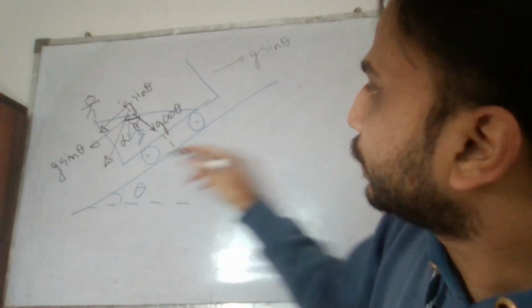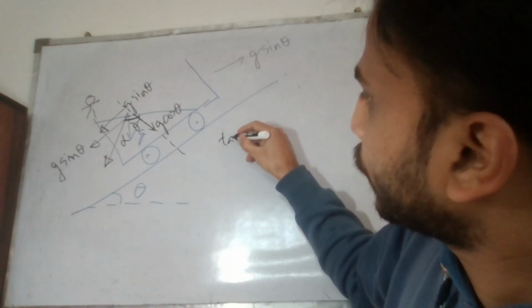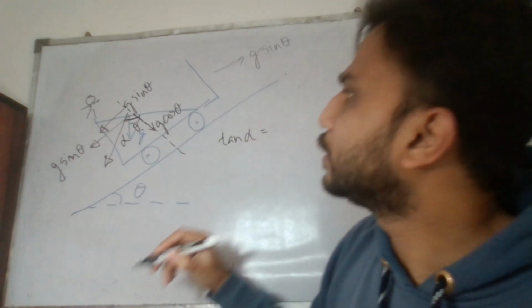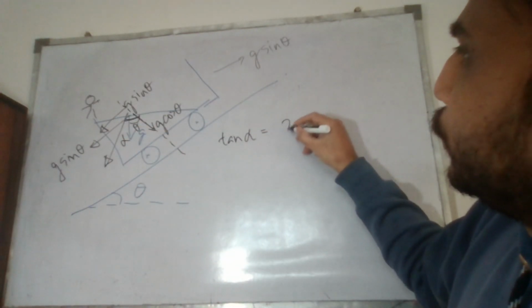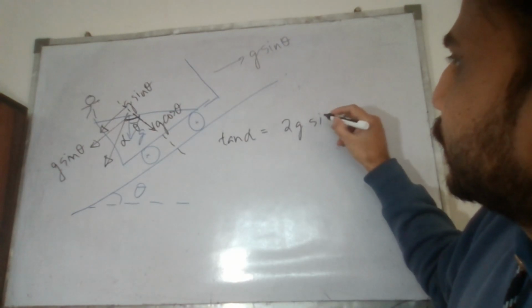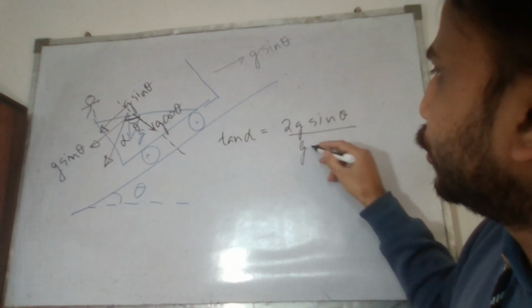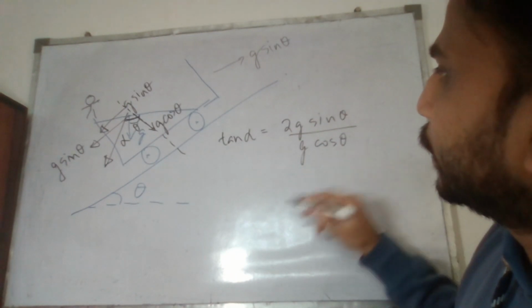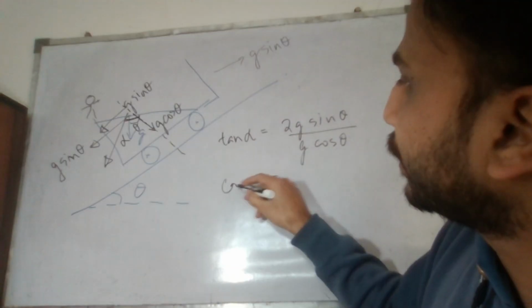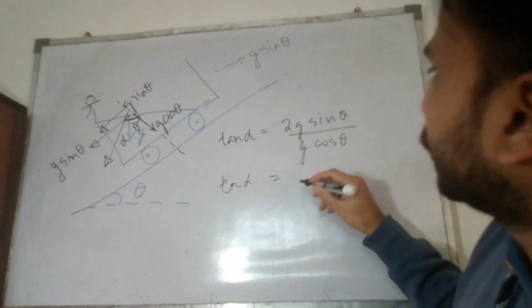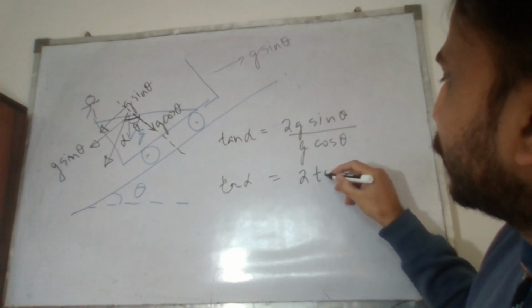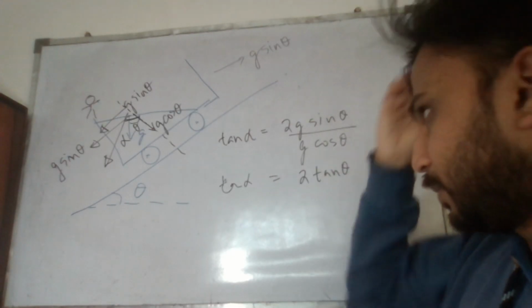So for this alpha, tan alpha would be equal to 2g sine theta divided by the vertical, that is g cos theta. So tan alpha is equal to 2 times tan theta.